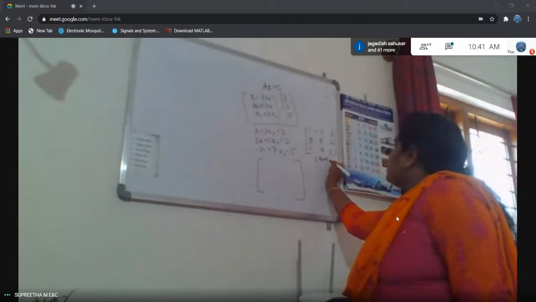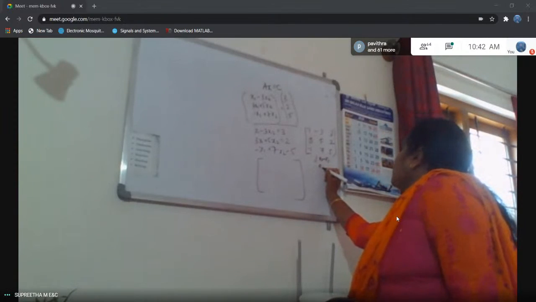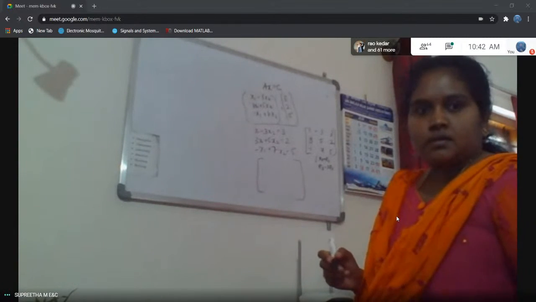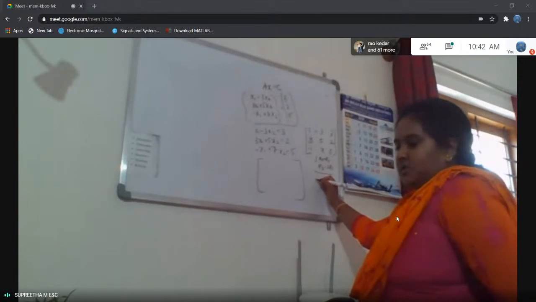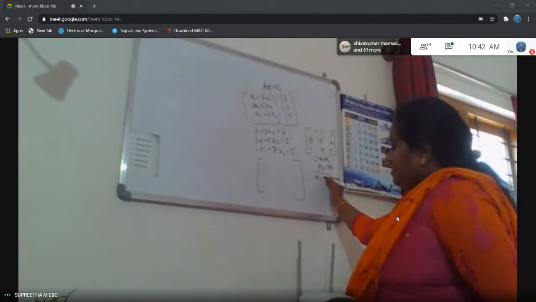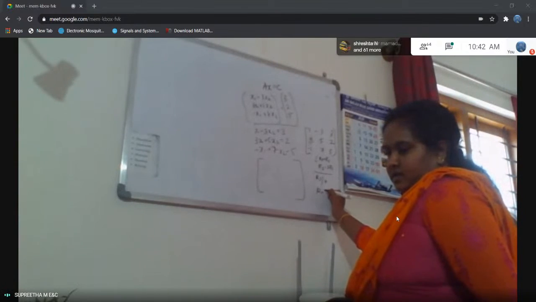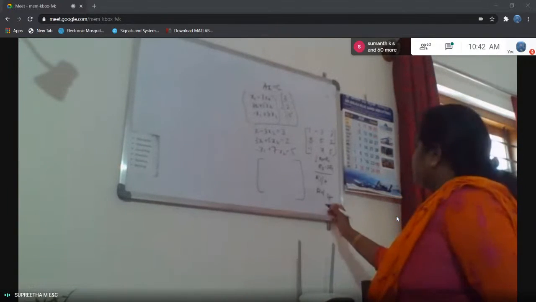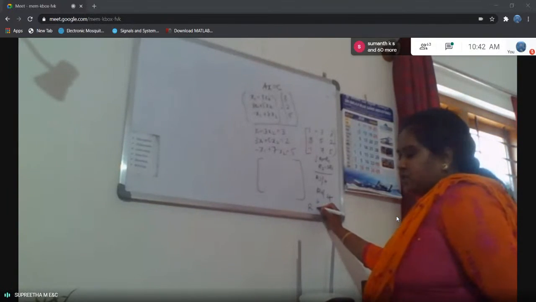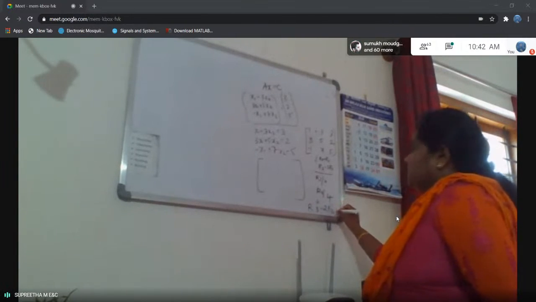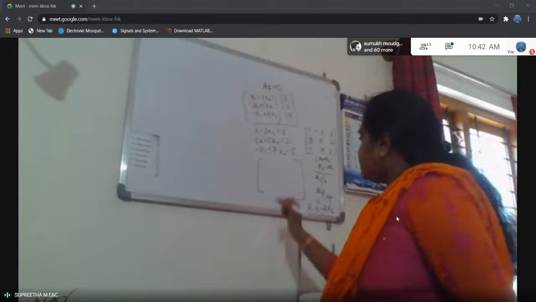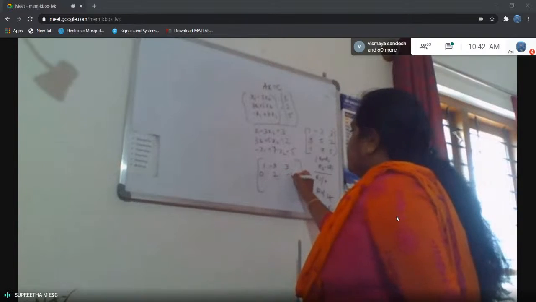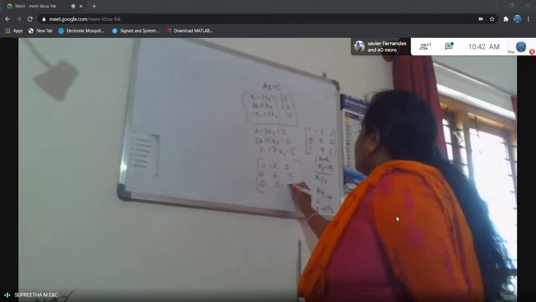R3 plus R1, R2 minus 3R1, and then after this I'll perform R3 by 7 and R4 by 4. Later, the last operation what I do is R3 minus 2R2. So that will result in 1 minus 3, 3, 0, 2 minus 1, 0, 0 and 3.